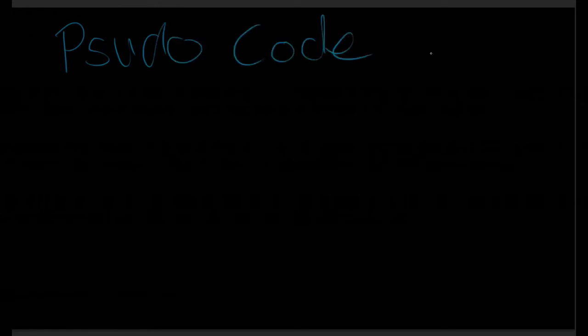Pseudocode is not quite English sentences, but it's also not a programming language. It's kind of in between. We use pseudocode logic all the time. Like we say, if it's raining outside, I'm going to wear a raincoat. If it's sunny outside, I'm going to wear shorts.